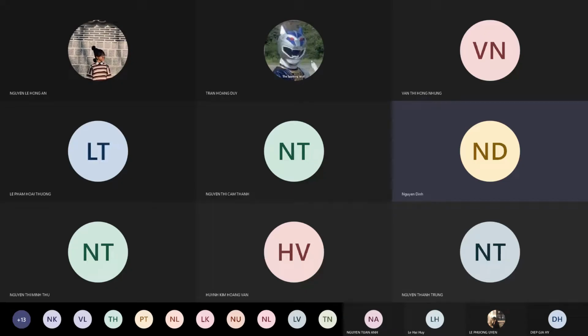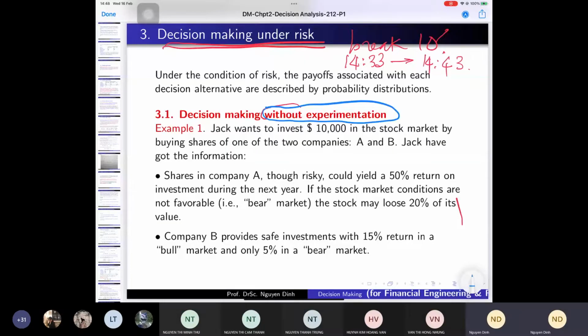So it's quite hard for you to calculate using the probability. Actually, in this part you still need to use some knowledge of probability. That's the Bayes theorem.